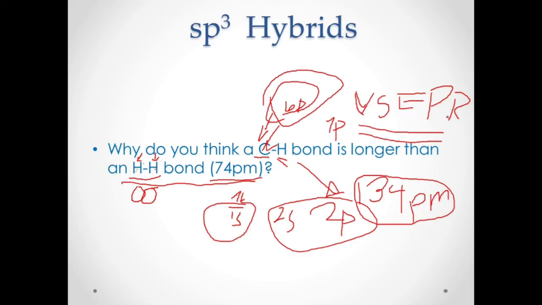In order for the carbon and hydrogen to reduce repulsion, the structure of the molecule will tend to rearrange itself in such a way to reduce repulsion. Okay, so that's it.